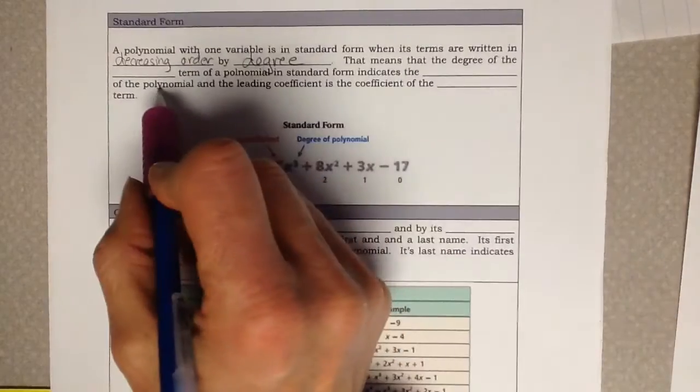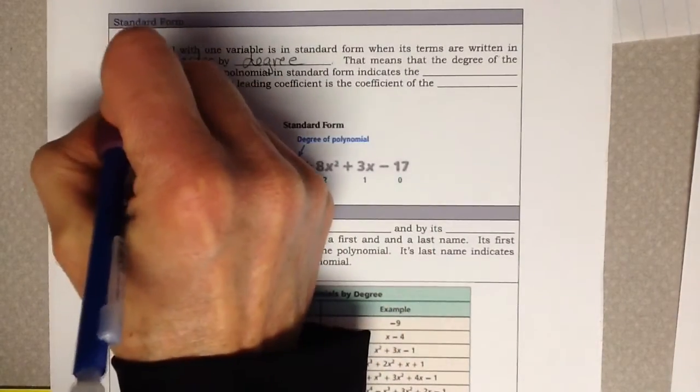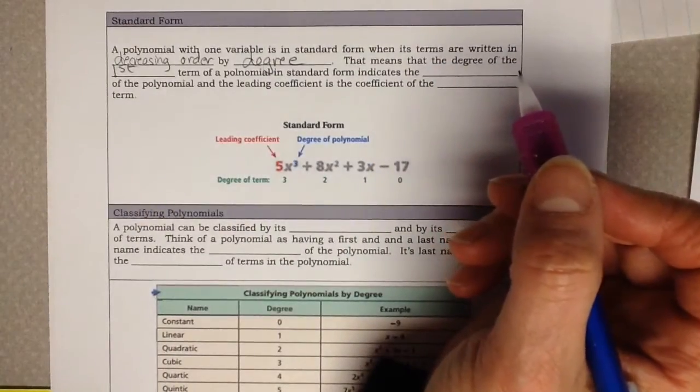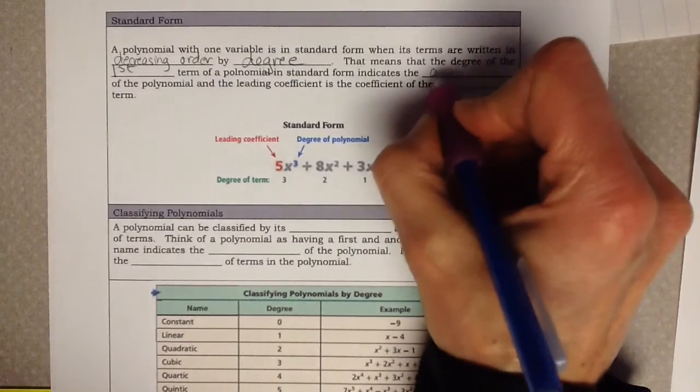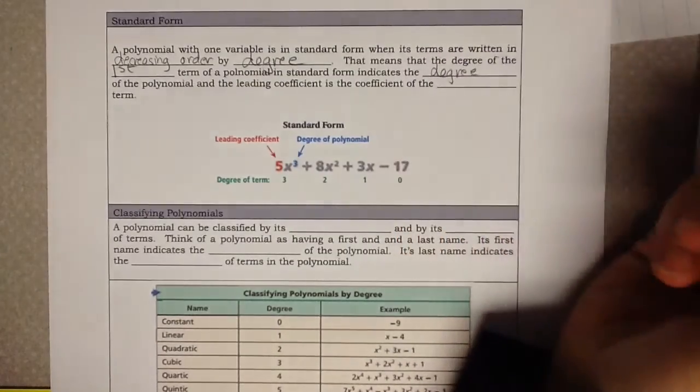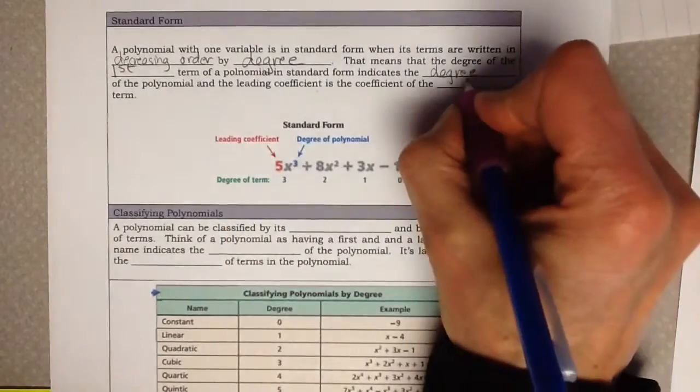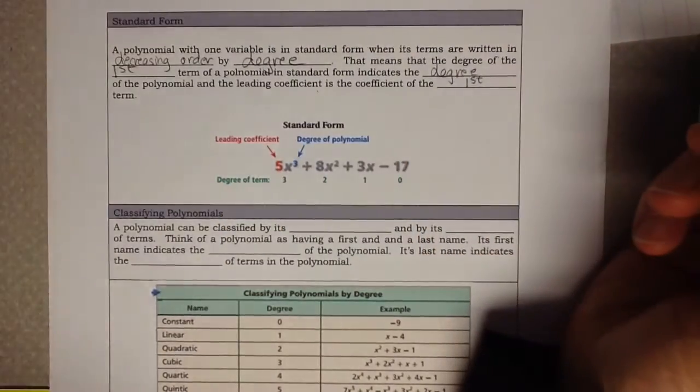That means the degree of the first term of the polynomial in standard form indicates the degree of the polynomial. And the leading coefficient is the coefficient of the first term. So we get a lot of information from that first term.